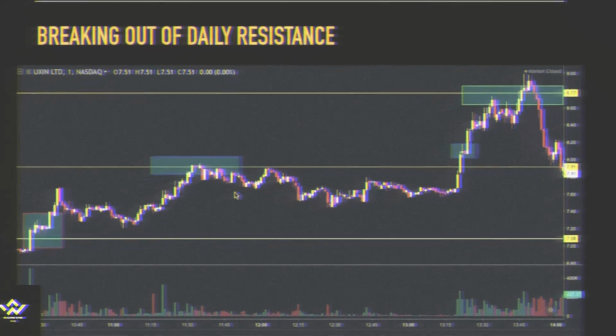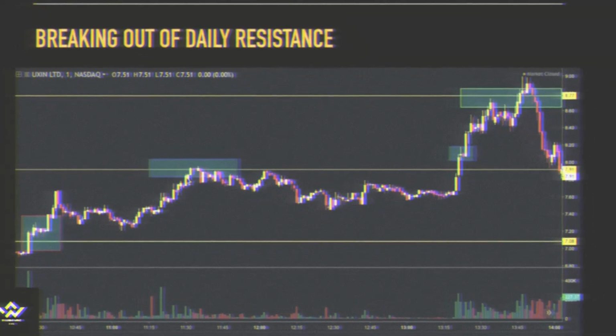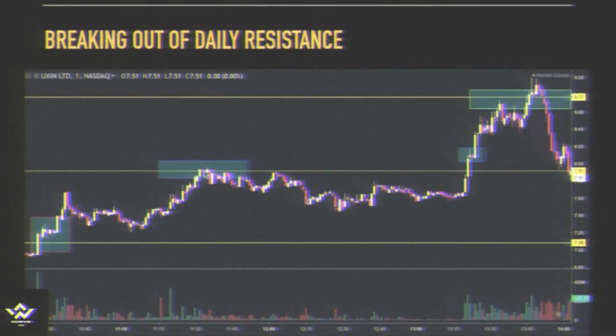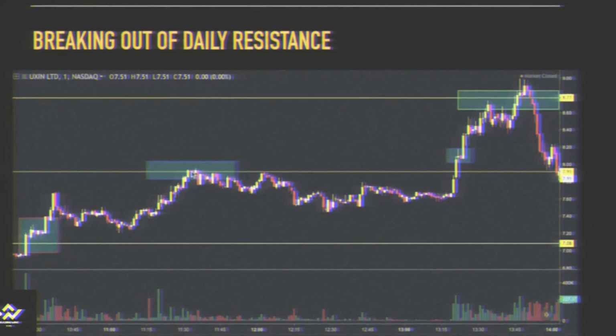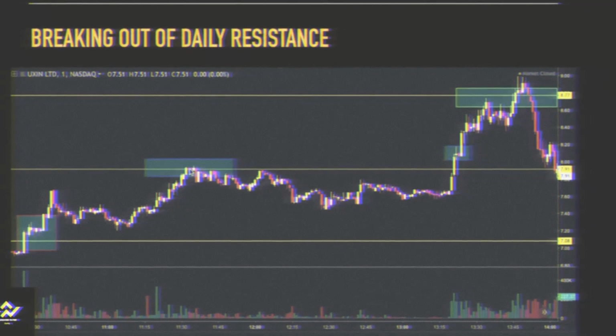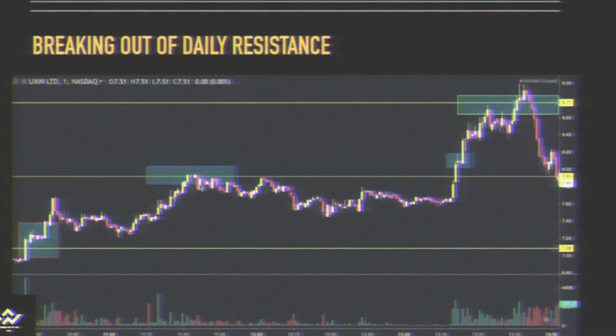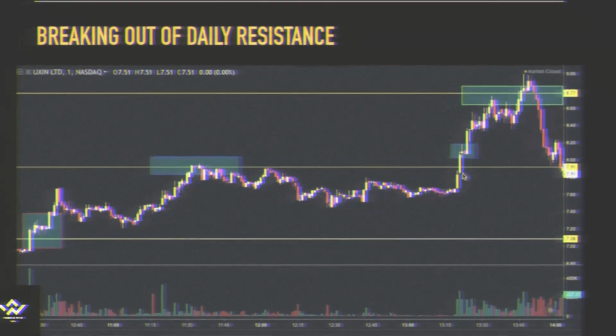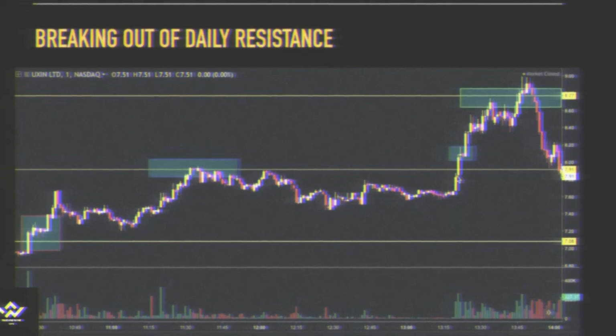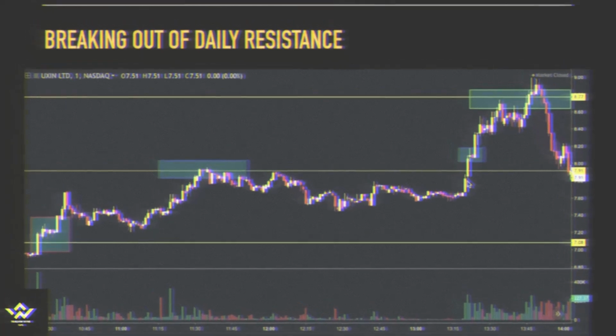Now inside the blue box on the left, notice how it barely breaks 791. If we were to buy as soon as it broke 791, this would be a false breakout and we would find ourselves in a losing trade. This stock ends up dropping for the next 2 hours before eventually coming back up to 791 to test it as resistance again, but this time we actually break through.